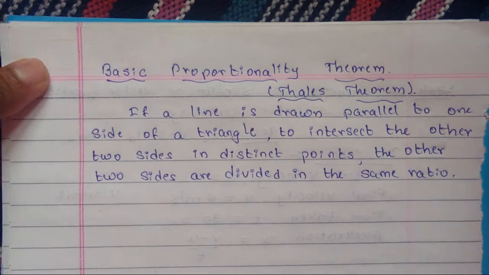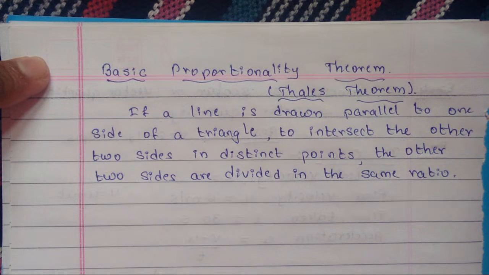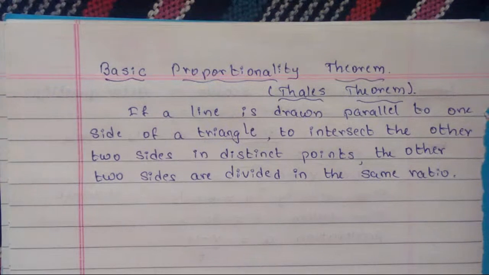If a line is drawn parallel to one side of a triangle to intersect the other two sides in distinct points, that means we have to draw one line which is parallel to one side of the triangle. It intersects the other two sides in distinct points. The other two sides are divided in the same ratio.